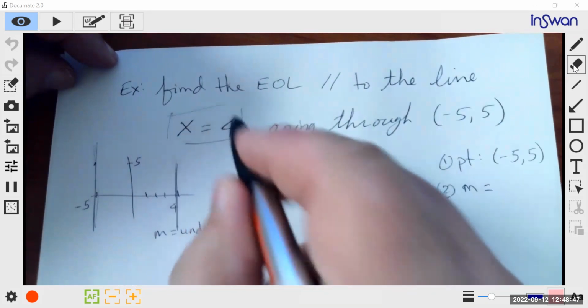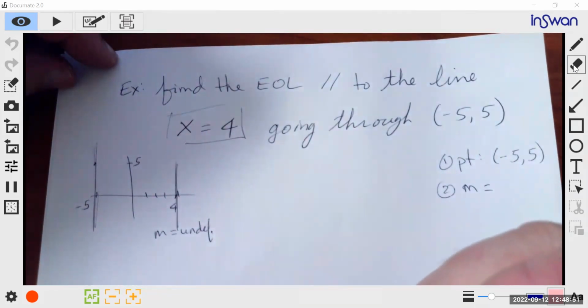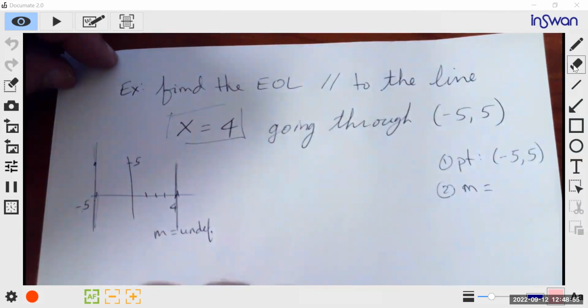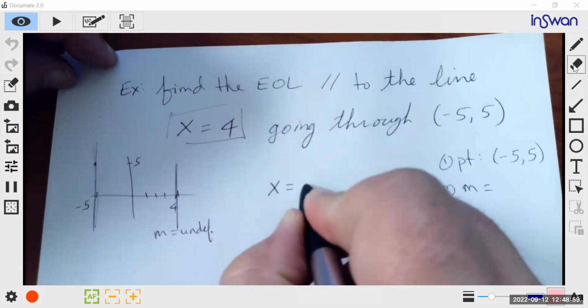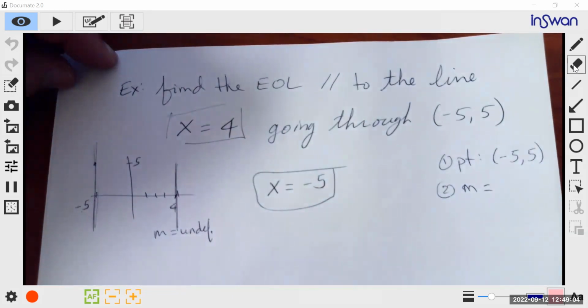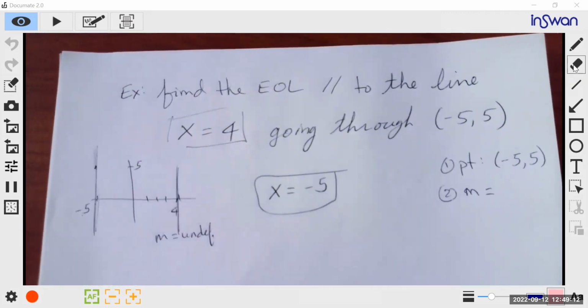This equation goes through the x-axis at 4. This one goes through the x-axis at -5. So what's that equation? There's your answer. That's the answer. Because if the slope is undefined, it's a vertical line. The only equation you have is where it crosses the x-axis. That's the only thing you can find.